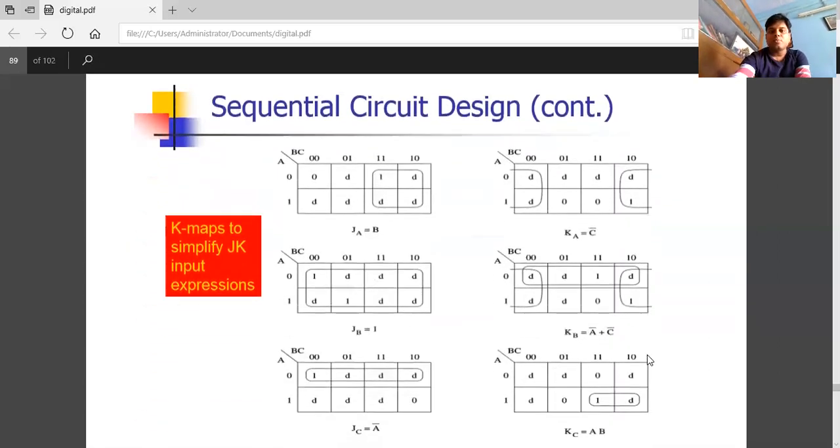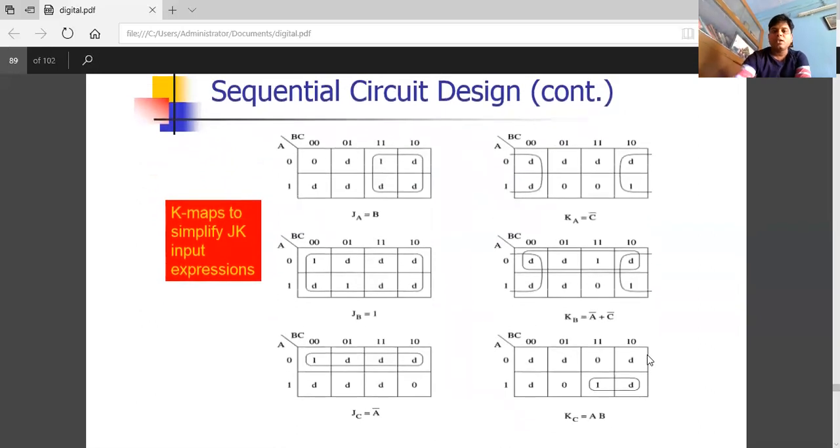I can start from JA. In JA, ABC is the input section, and we fill all the JA values.